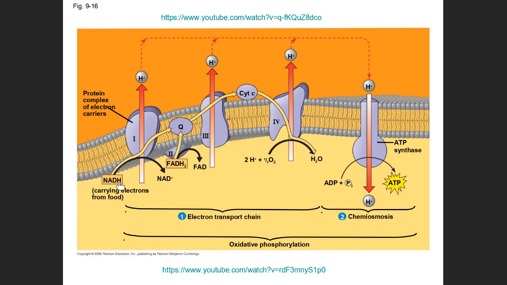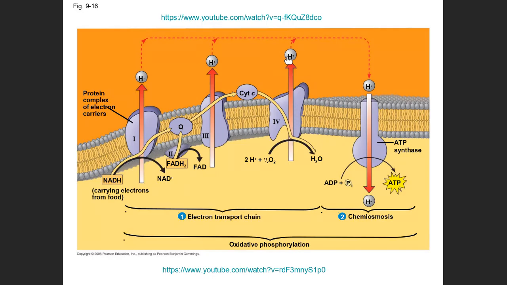The NADH donates at the very beginning of the electron transport chain. So the maximum number of hydrogens, which we'll just say is 3, each hydrogen produces an ATP. But the FADH2 donates later, which means only 2 hydrogens get pumped, and they produce 2 ATPs.